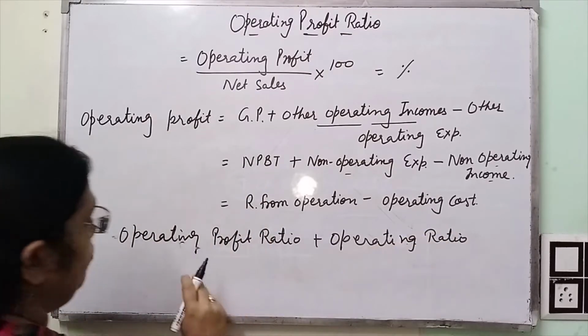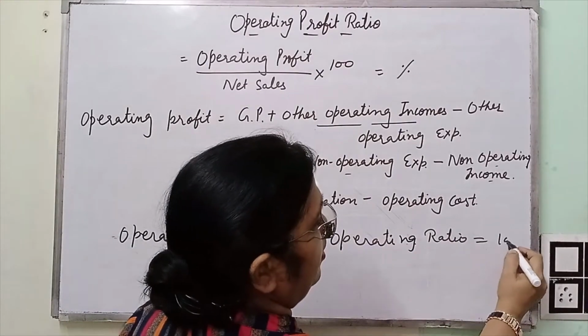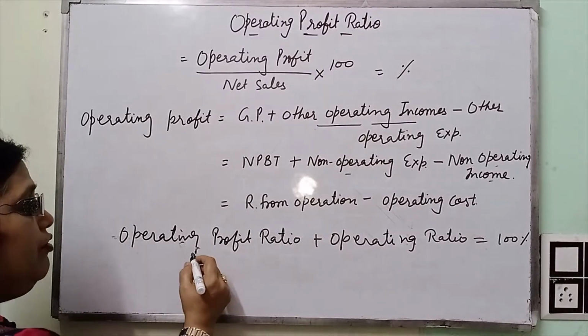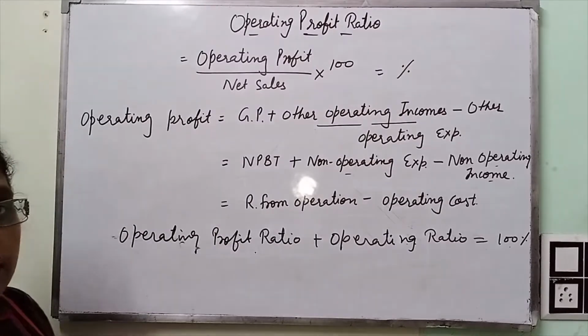Means the sum of operating profit ratio and operating ratio is 100%. If we deduct any of the ratio from 100, we can easily calculate another ratio.